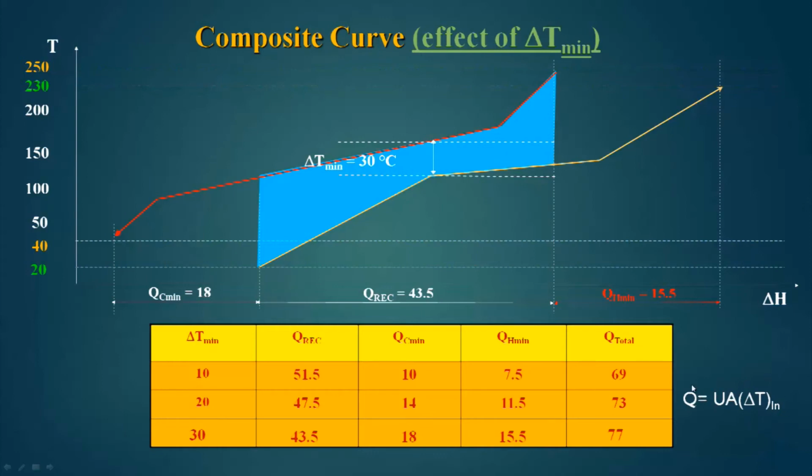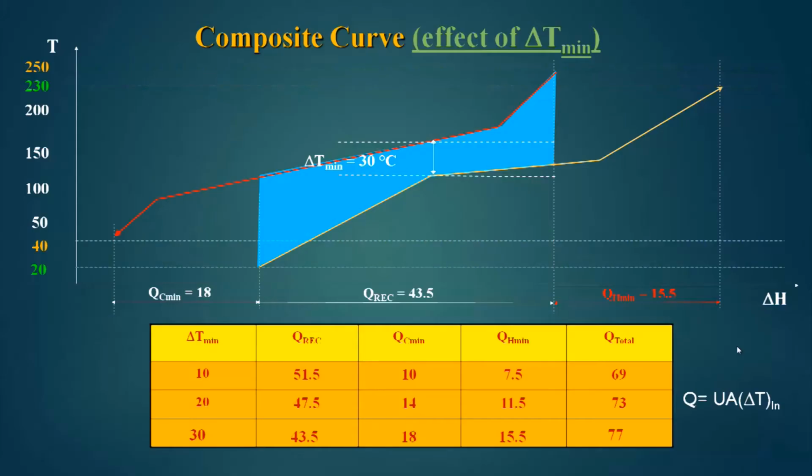So, for a fixed Q, the area will decrease, and that is why we have seen that the fixed cost of a heat exchanger network decreases when we increase the delta T minimum value.